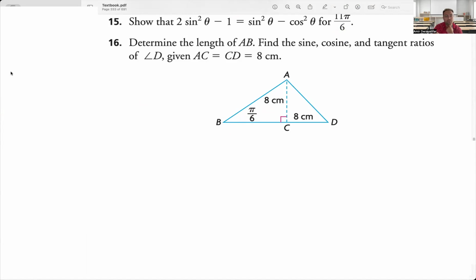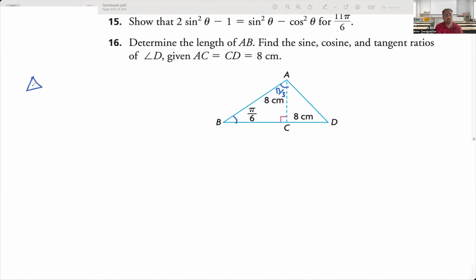So, how do we solve this? Let's analyze it again. If B is pi over 6 in the triangle ABC, A is going to be pi over 3. And I know that angle C is 90 degrees. I want to figure out side AB.